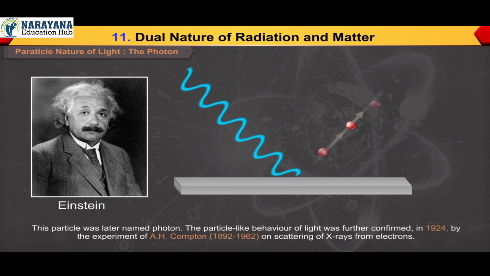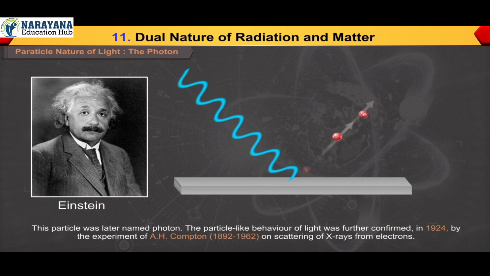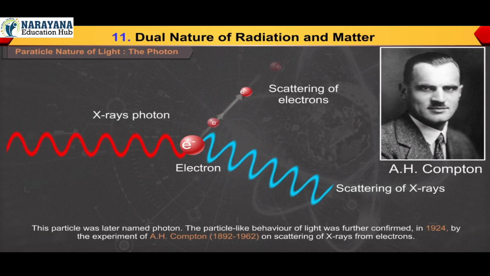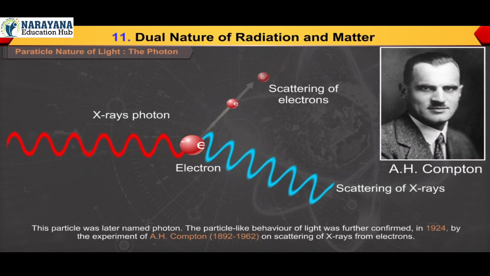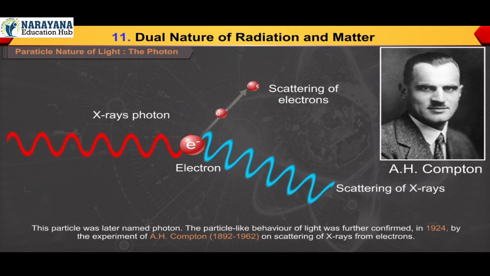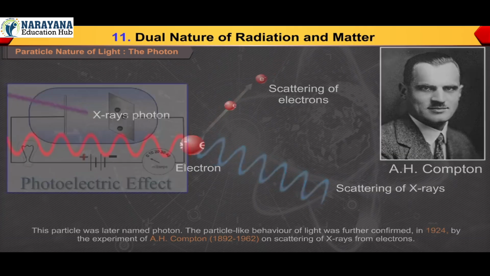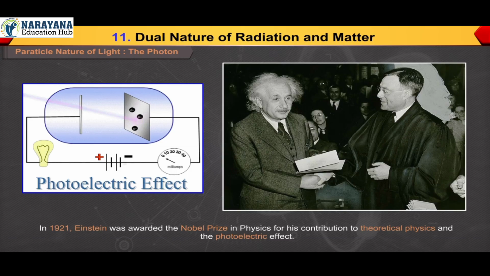The particle-like behavior of light was further confirmed in 1924 by the experiment of A. H. Compton, 1892 to 1962, on scattering of X-rays from electrons. In 1921, Einstein was awarded the Nobel Prize in Physics for his contribution to theoretical physics and the photoelectric effect.